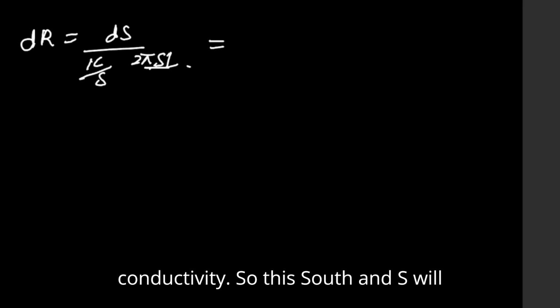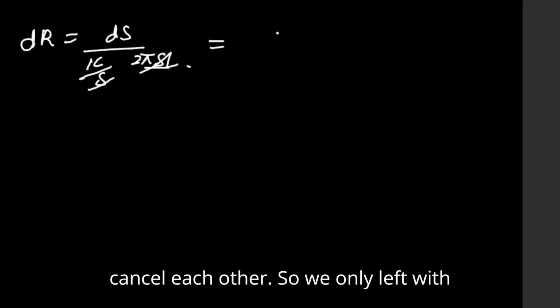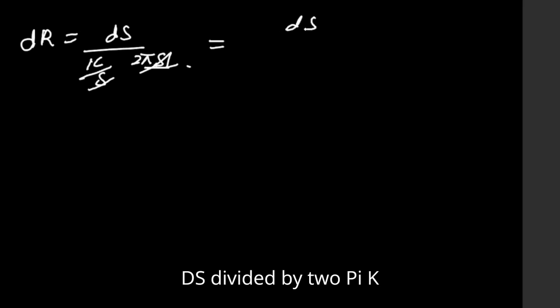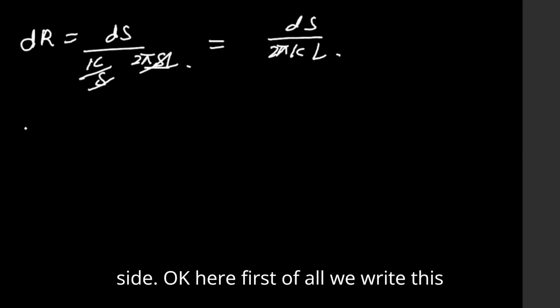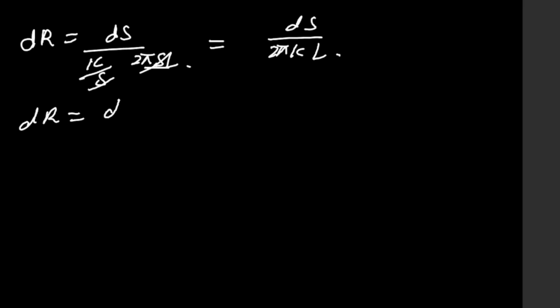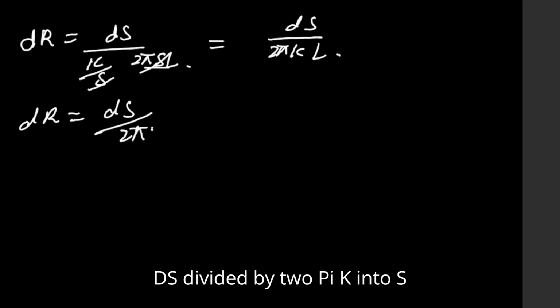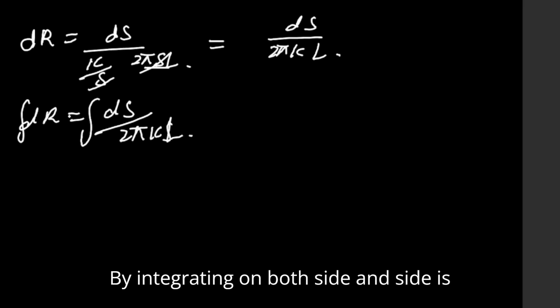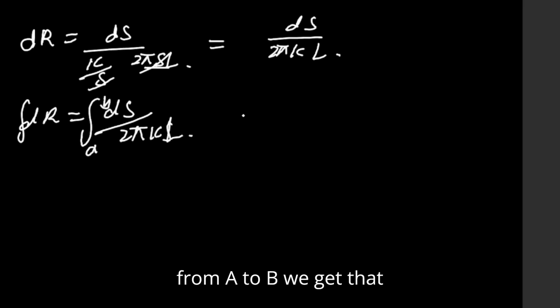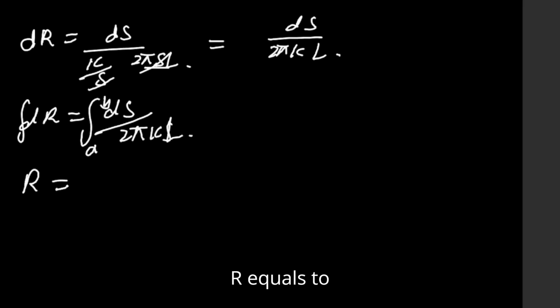So this S and S will cancel each other, and we are only left with ds divided by 2 pi K into L. Now we integrate on both sides, from A to B.